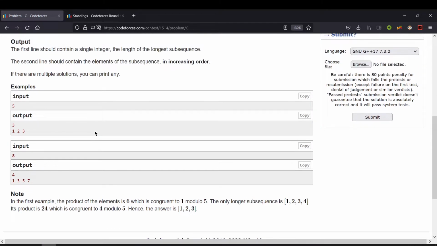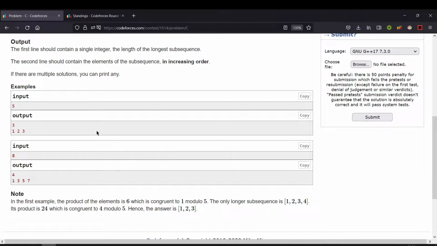So let's say we have numbers 1, 2, 3, 4, 5, 6, 7, modulo 8.